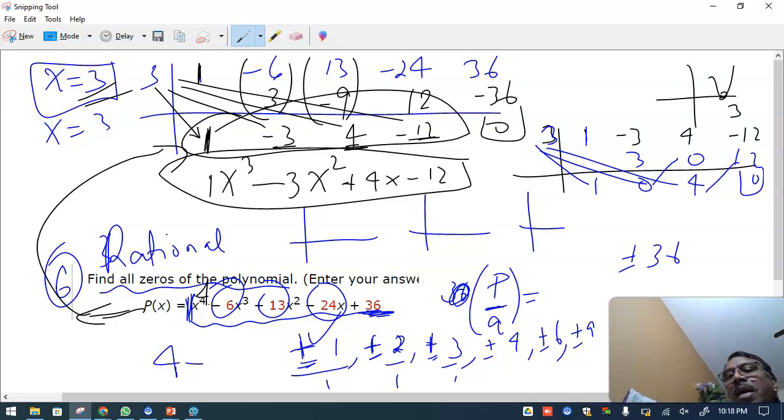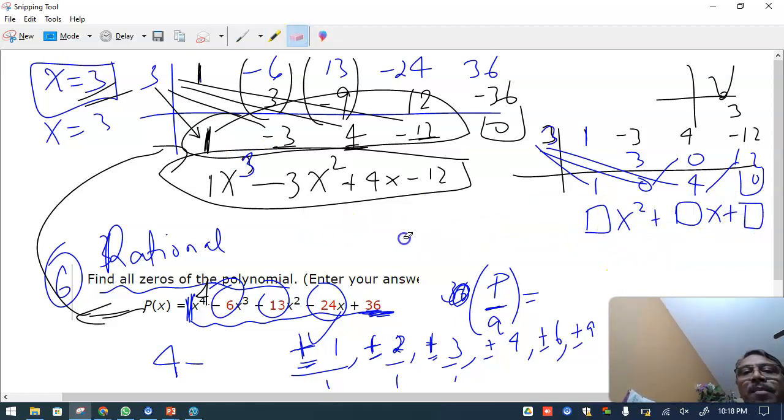From degree 3, you create another one with degree 2. We plug in those coefficients: this 1, this 0, this 4. So the whole thing becomes x squared plus 4.